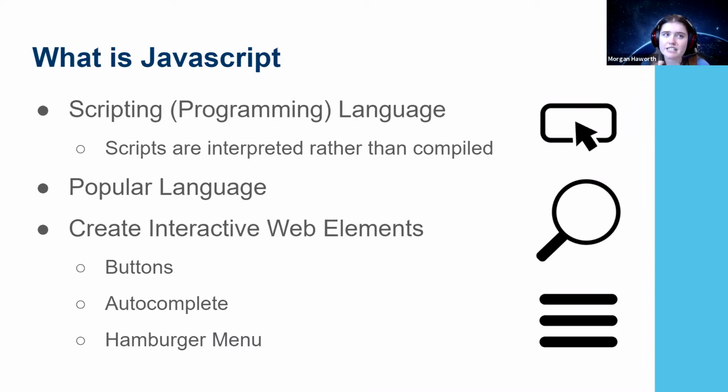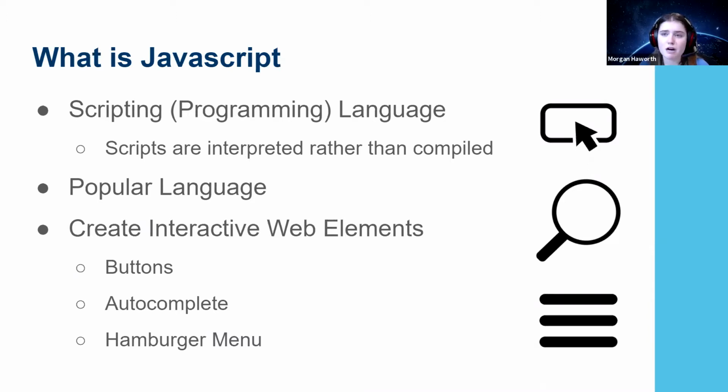When scripting is interpreted, that means it is read line by line and interpreted into machine code, rather than being compiled, where the whole program is read and analyzed, and then it's turned into machine code. And machine code is what computers are able to understand, and then they can perform upon the code. So the difference is that JavaScript doesn't have to go through the extra compilation step.